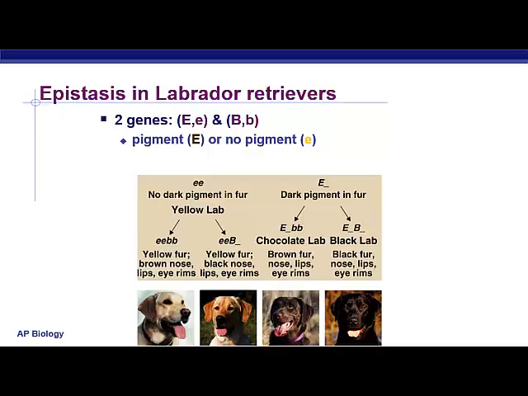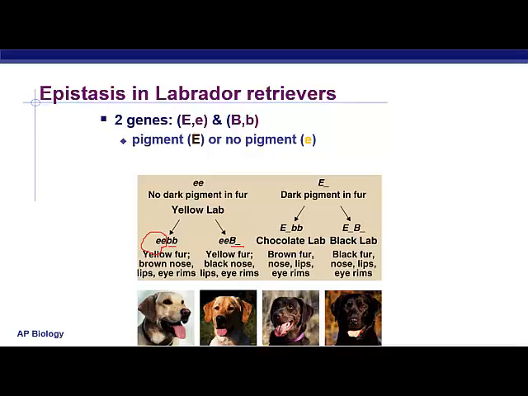You have a dog that's got little e's. Two little e's will mean you will not express your coat color. So no matter what is over here on the coat color, you don't express it.